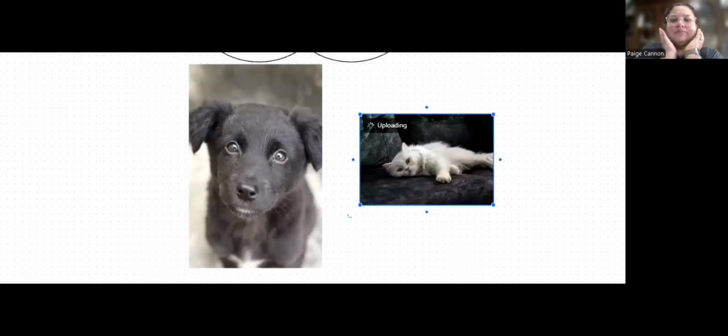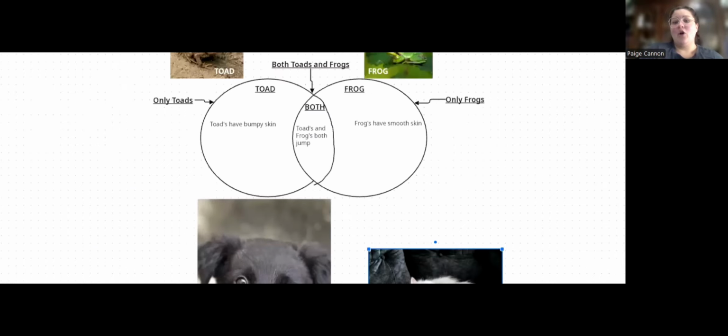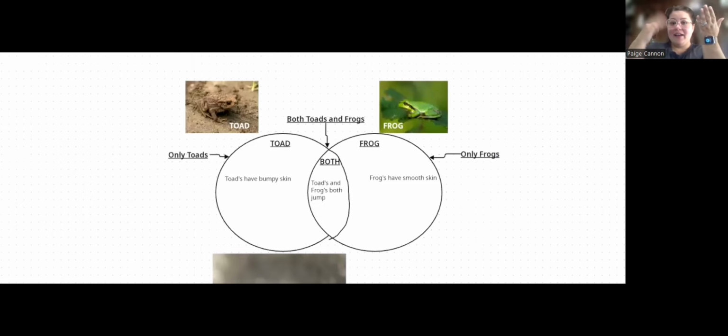So now, let's work with our partner next to us. In your Venn diagram, like our one up here, you're going to want to have one animal on one side, the other on the other. So you're going to have your dogs over here and your cats over here. Remember, you're going to put something that is only that animal. It could be the way it acts, where it lives, what it eats, or how it looks.